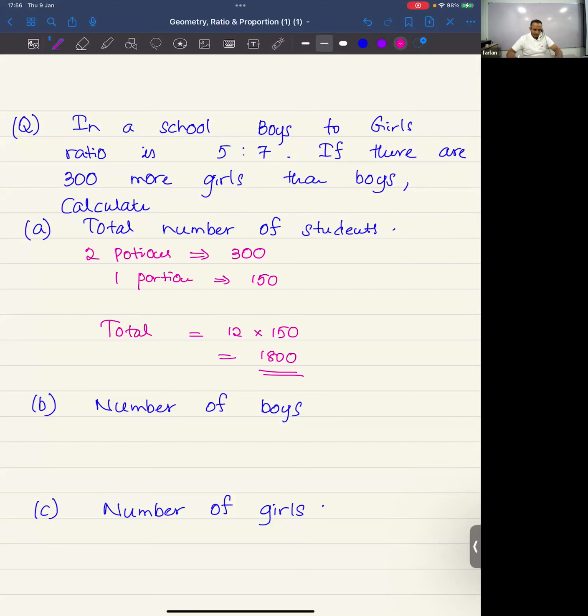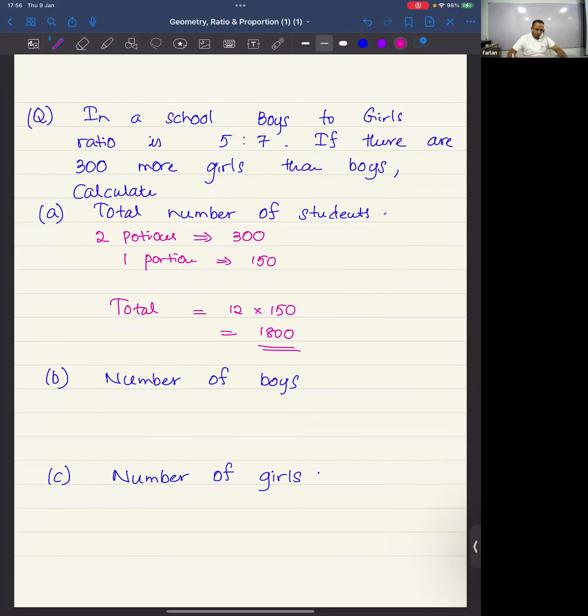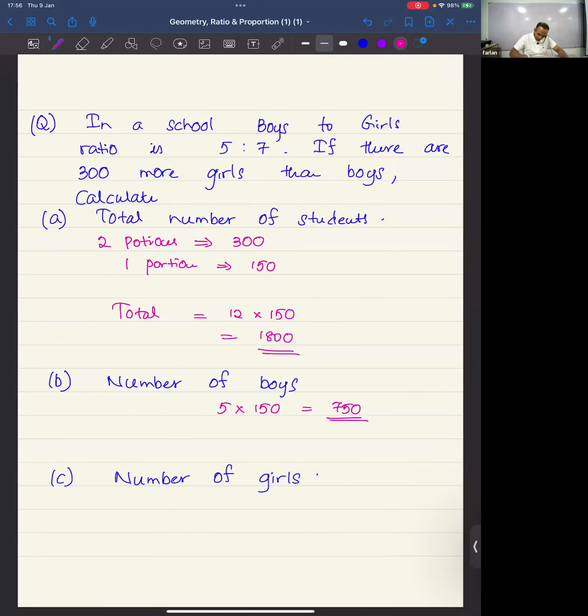Then the number of boys will be 5 into 150, 750. Then the number of girls will be 7 into 150. That is 1,050.